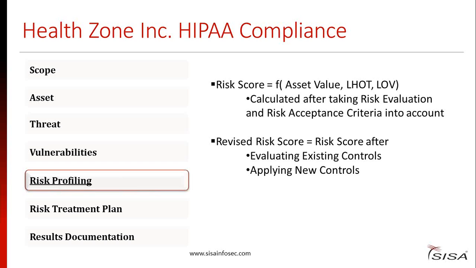So based on the control, you can calculate the level of vulnerability. Then you have to compare the calculated risk against the risk acceptance criteria. Then if you have any existing control in place, you can revise the risk score based on evaluating the existing control or applying a new control.